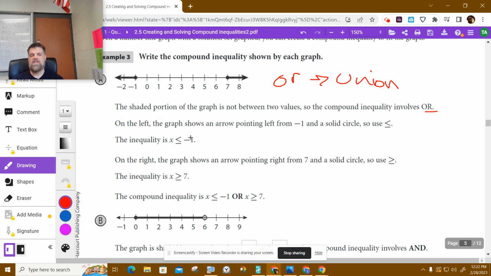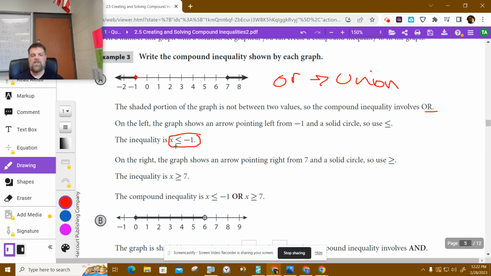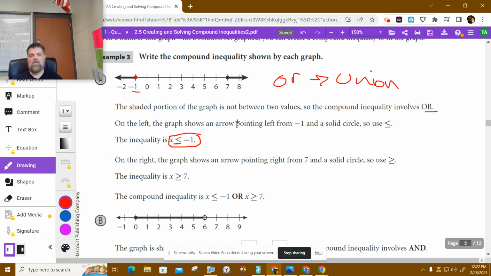So we would use x is less than or equal to, because it's a solid circle, it's less than or equal to what? -1. That's what it is right here. Now, over here we have a solid circle at 7, so it'd be x is greater than or equal to 7. It's shaded to the greater side, right? Going to the right is greater. Going to the left is lesser.